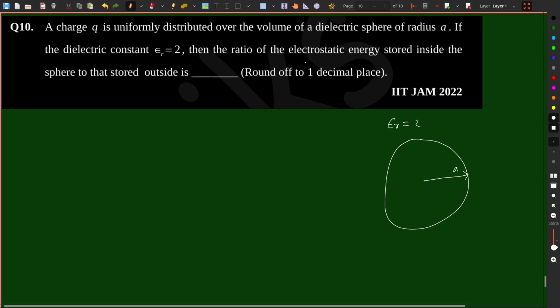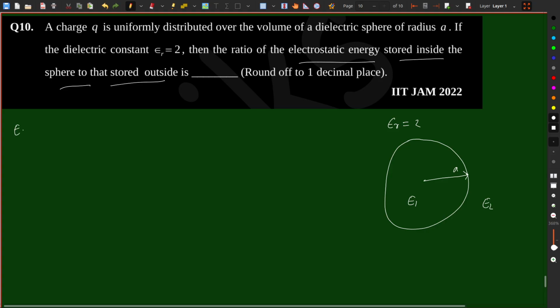Find the ratio of electrostatic energy stored inside the sphere to that stored outside. So we have to tell the ratio of electrostatic energy. So first of all, let us write the electric field. Inside, the electric field is E1, outside, the electric field is E2.